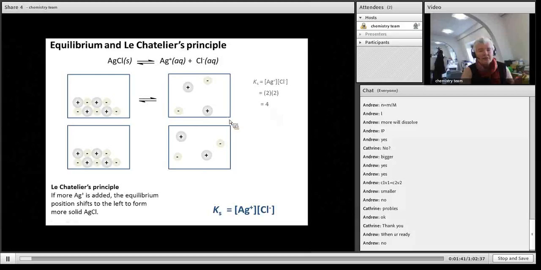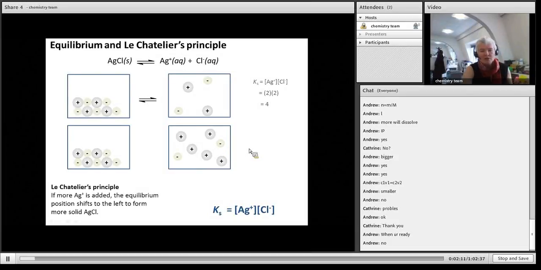Now if I add a stress, or change, in this case adding silver ions, it's not an equilibrium anymore. If I try to work out my Ks, it's now going to be an IP, remember, my ionic product, or my Q value. You'll see it's 1, 2, 3, 4, 5. 5 times 2 is 10. So my ionic product has been increased.